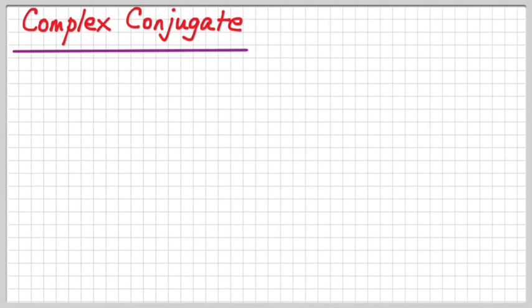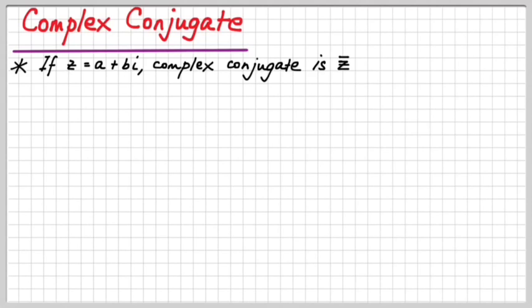Okay, here comes the complex conjugate, a very important little animal which we need to know very well for reasons which I'll explain in a moment. So first of all, let's just define the thing. If z is equal to a plus bi, for example, then the complex conjugate is called z bar.